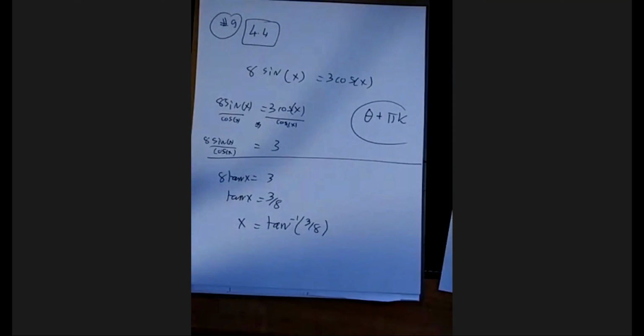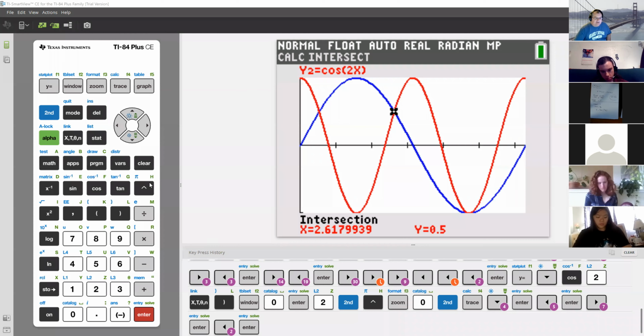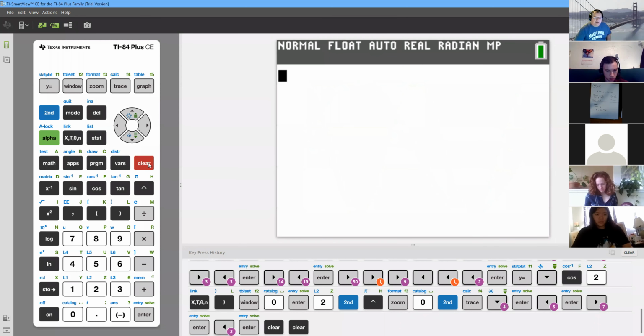So what I'm going to do now is go to my calculator and clear that out of the way. And I'm going to go inverse tan of 3/8. Not in the unit circle.